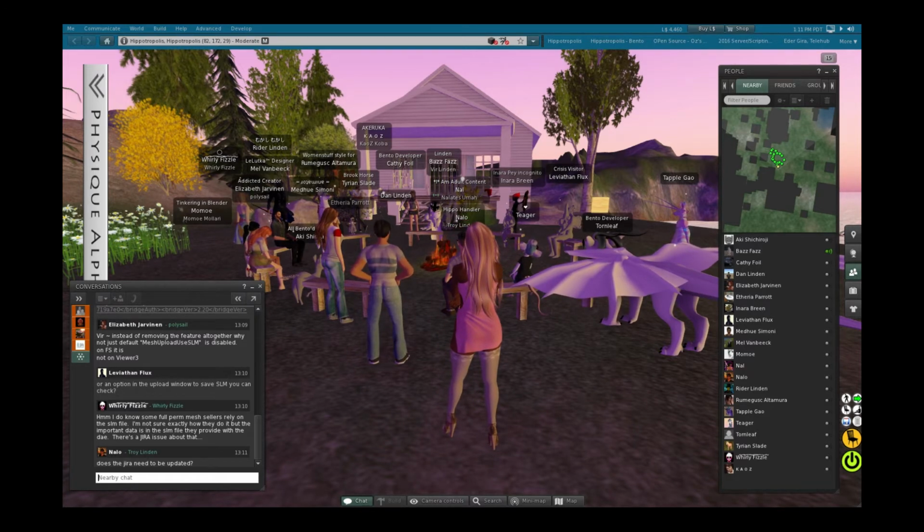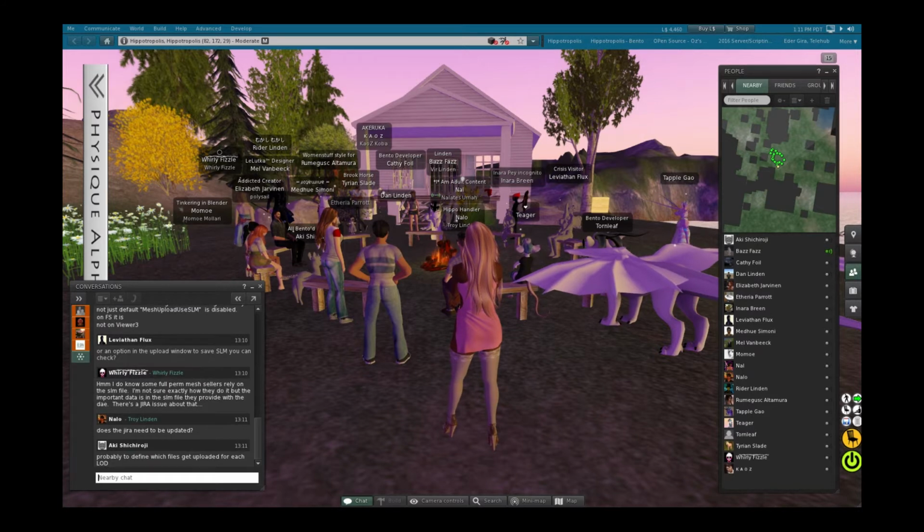Full perm mesh sellers rely on the SLM file. Okay, that's interesting.